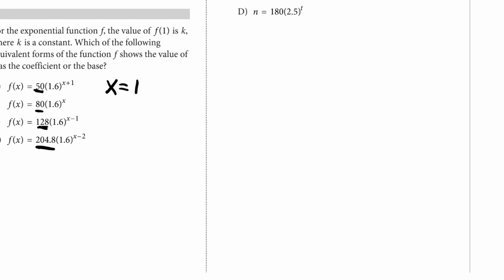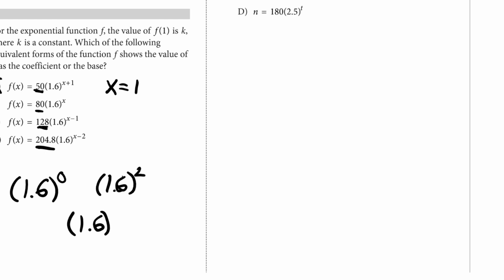What we'll be looking for is when we plug in 1 for x, we end up with 1.6 to the power of 0. If we plug it into the first one, we'll get 1.6 to the power of x plus 1. That'll be to the power of 2. So it's not A. For B, we'll plug in 1 for x, 1.